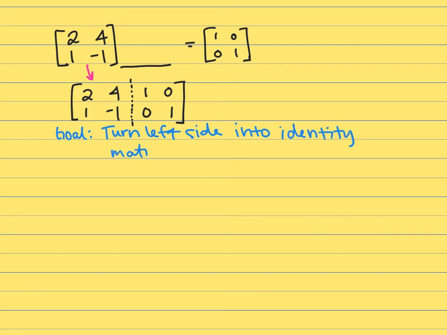And to do that, we're going to use row operations. And as everything turns from the left side into the identity matrix, the right side will become the inverse. So when we're doing these row operations, the best place to start is the upper left.